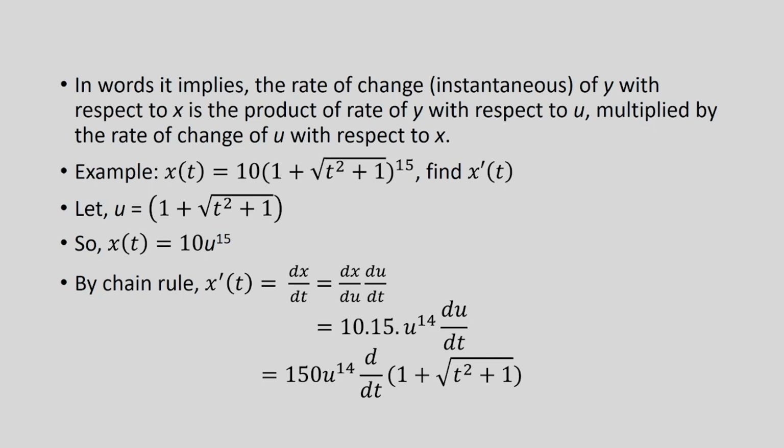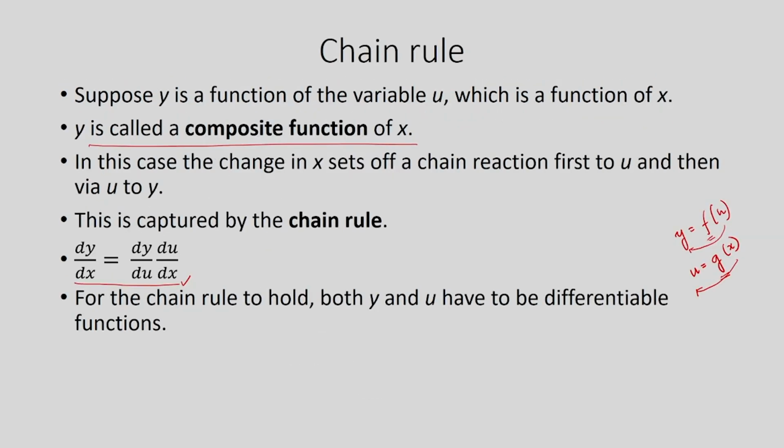It means that the rate of change of y with respect to x is the product of the rate of change of y with respect to u multiplied by the rate of change of u with respect to x. That is what we have written, right. Rate of change of y with respect to x is equal to rate of change of y with respect to u multiplied by rate of change of u with respect to x.